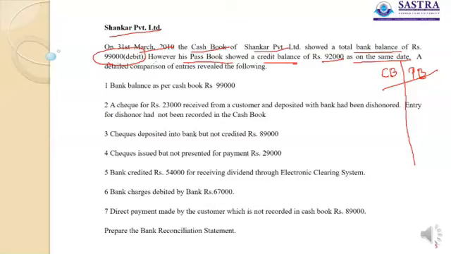Suppose you take the bank balance as the base balance, the cash book balance will be arrived at. Sometimes you may go for the cash book balance as usual, and you will have to arrive at the passbook balance. But between these two balances, what are all the differences and causes of differences that have happened? That's what we are going to see. And bank balance as per cash book, 99,000.